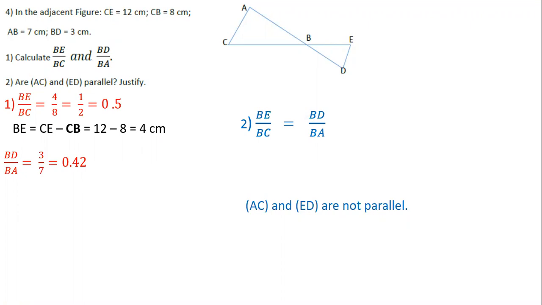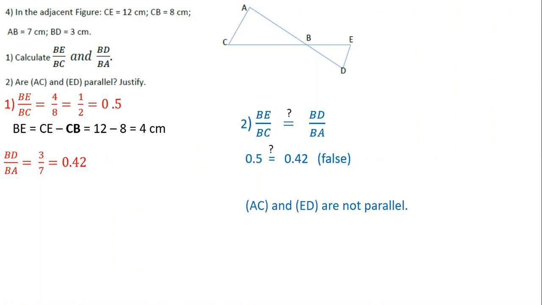So BE over BC, is it equal to BD over BA? I should see if these two ratios are equal to each other. We calculated BE over BC is 0.5, BD over BA is 0.42. Are these two numbers equal? No. So we write false.